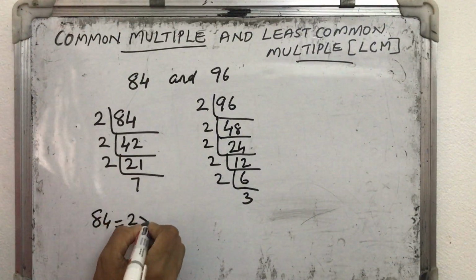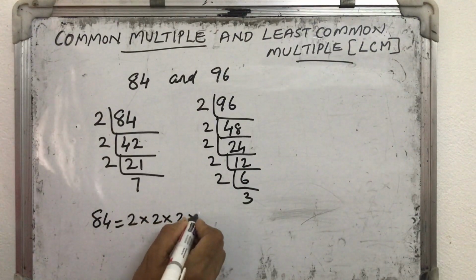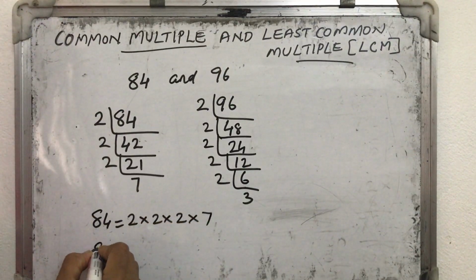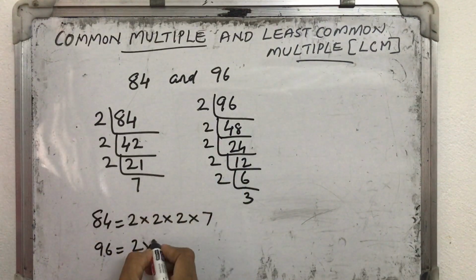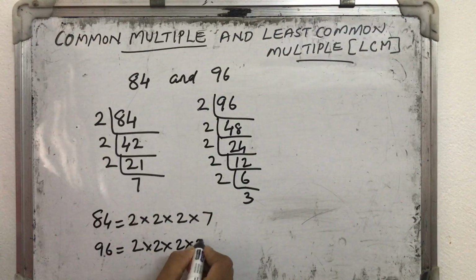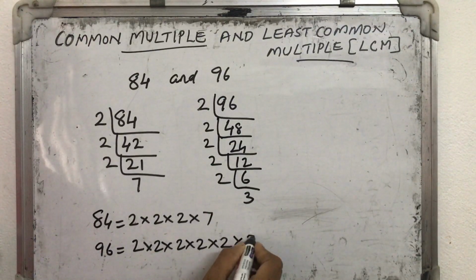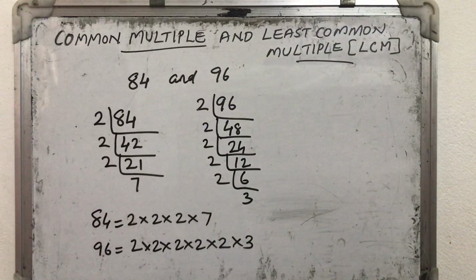Now when we list these factors, 84 we can write as the product of these prime numbers, 2 into 2 into 3 into 7. Now 96 we can write with how many 2's? 1, 2, 3, 4, 5. Then the last one is 3. Here we factorized the given numbers, and now we find the common factors.